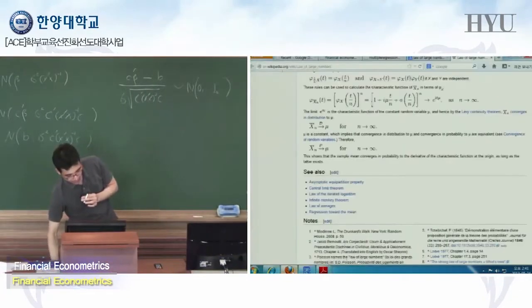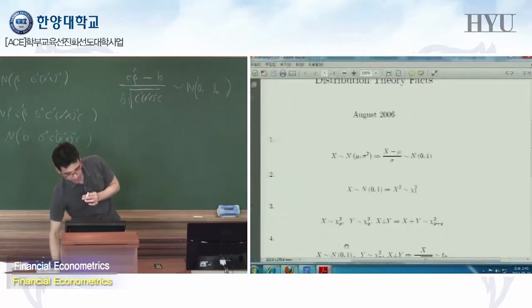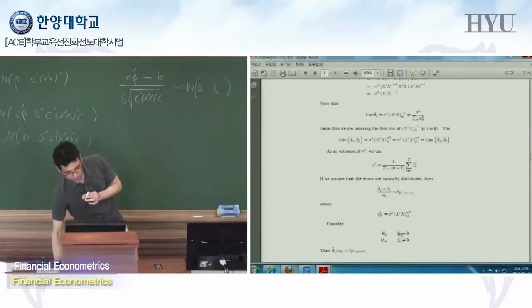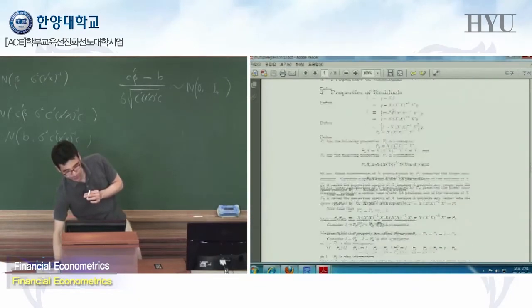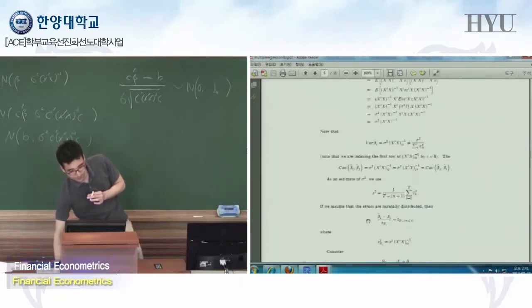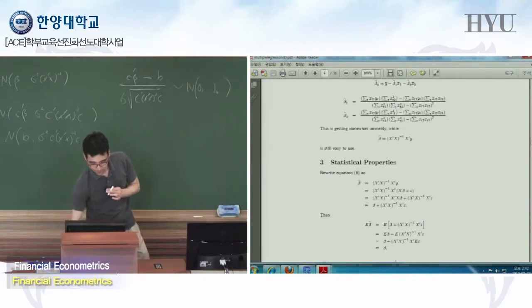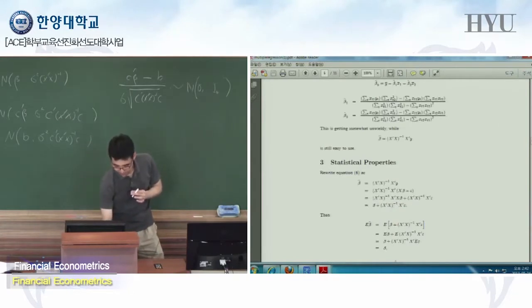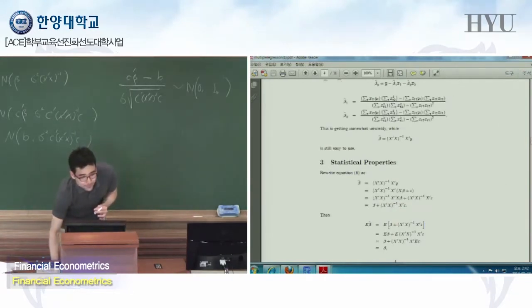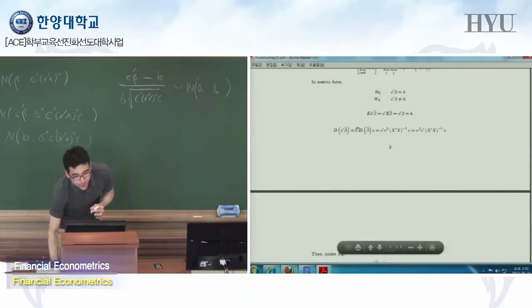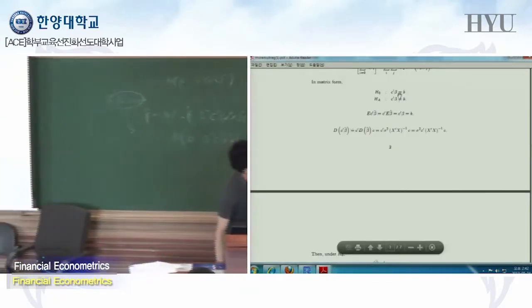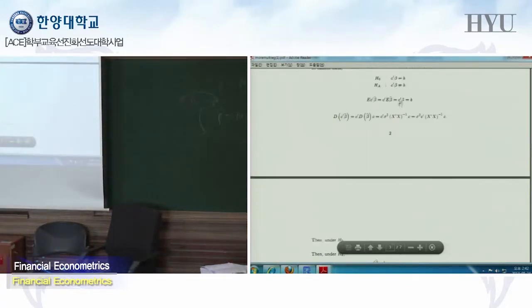We have a complicated Wald test and a simple one. In this case we have only one restriction, so k is 1.